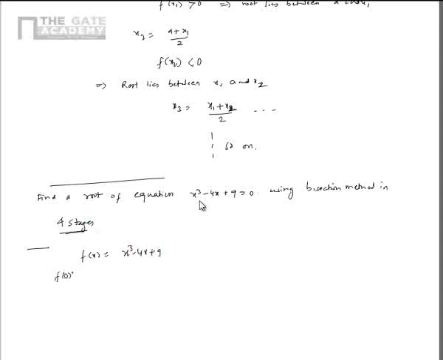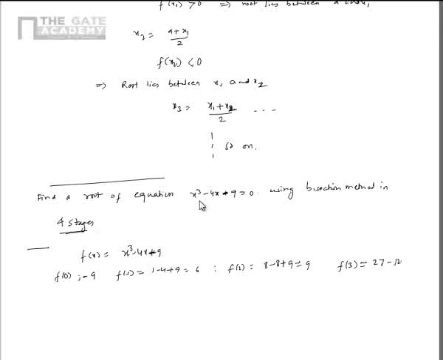So let's decide the interval. f of 0 is basically 9. f of 1 is, substituting here, 1 minus 4 plus 9, which is 6. f of 2 is 2 cube, 8, minus 4 times 2, 8, plus 9, which is 9. f of 3 is 3 cube, which is 27, minus 4 times 3, 12, plus 9. Sorry, this is minus 9 actually.